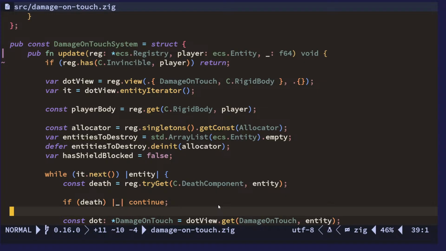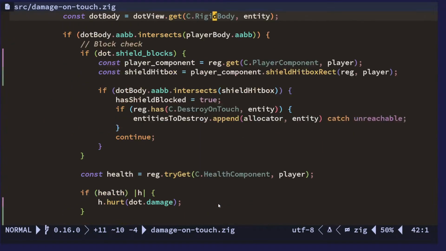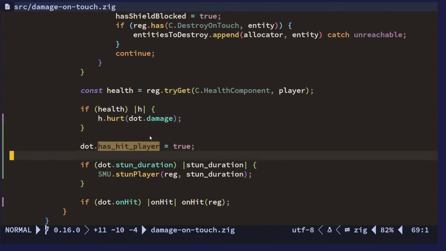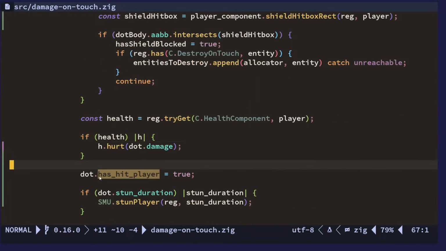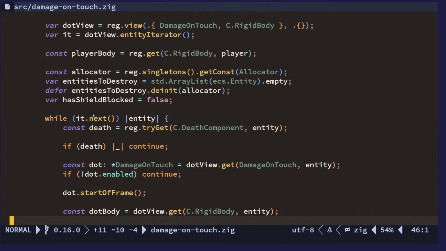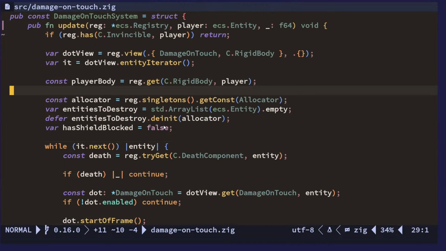Well, actually, if the player is hit, we should probably just break out. Or we should say that, okay, well, the player was hit. This should be a global for each frame instead of being per component, which doesn't do anything anyway. Yeah.